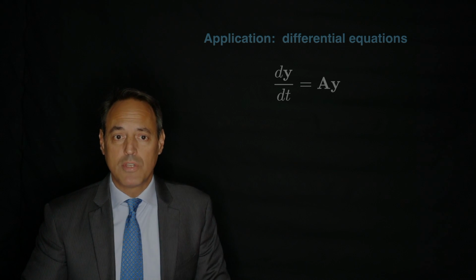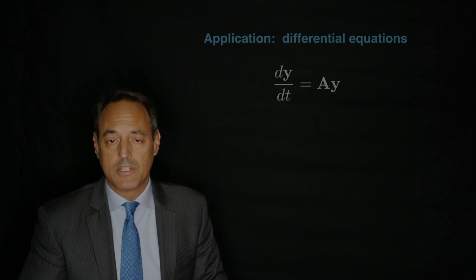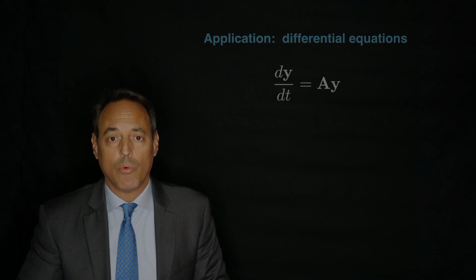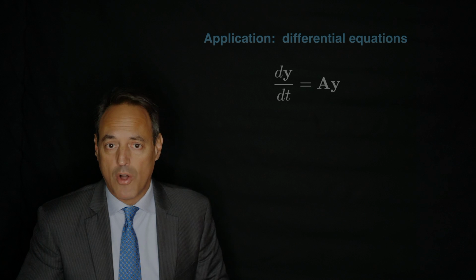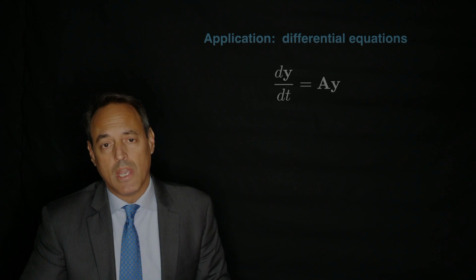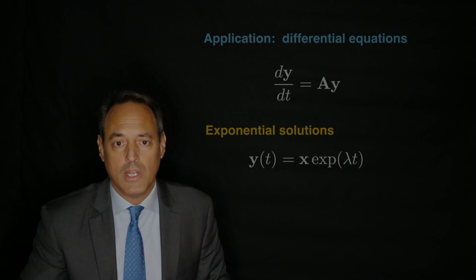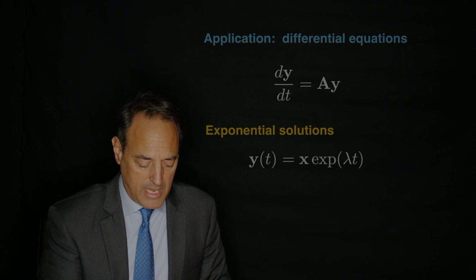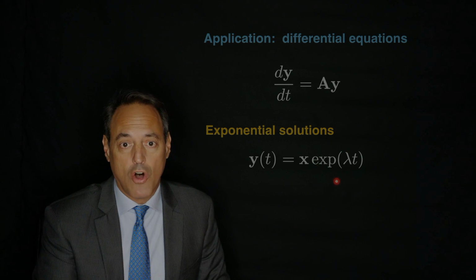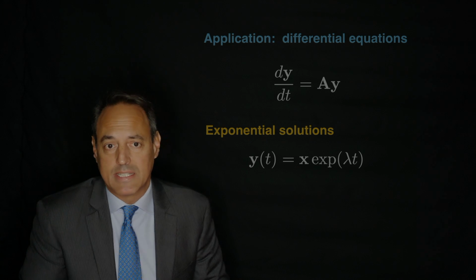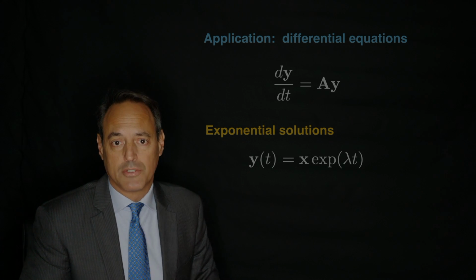Most of differential equations, at least in an introductory course, really focus quite a bit of time on this model right here. And our number one solution technique is to basically assume exponentials as the solution. So here, we're just going to assume that all the time dependence has exponential behavior. And in fact, that's exactly what we do with linear systems.